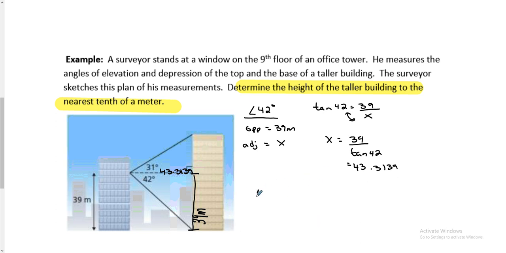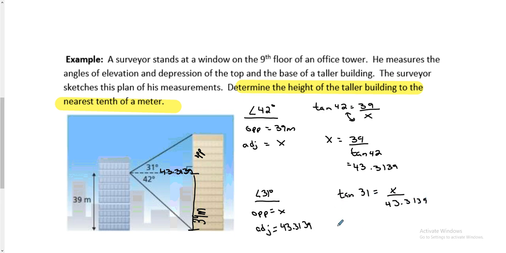Now if we look at angle 31 degrees, our opposite is what we are looking for, because that's going to tell us the rest of the height here. And our adjacent was that value that we just calculated, that 43.3139. So let's set this up. Tan 31 opposite over adjacent.